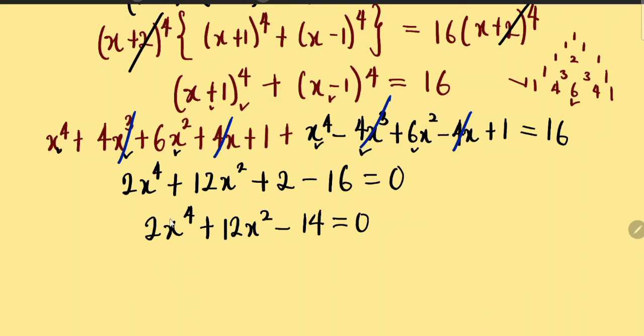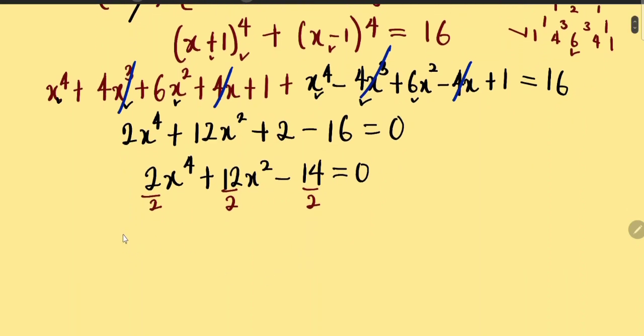That is, if we divide this by 2, we have 1, divide this by 2, have 6, divide this by 2, 7. So we can easily divide through by 2. Then we have not committed any crime. So we have x raised to the power 4 plus 6x squared minus 7 is equal to 0.